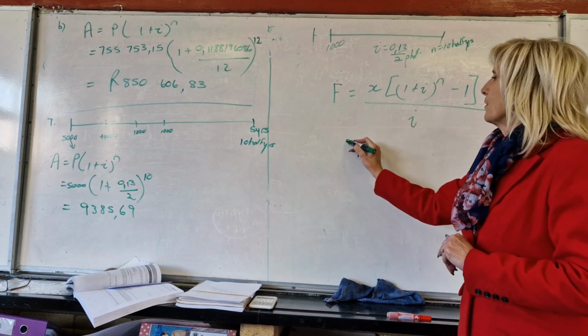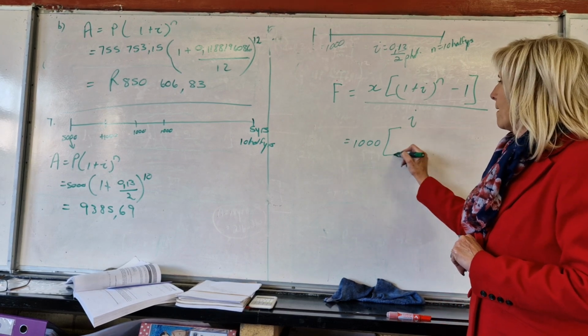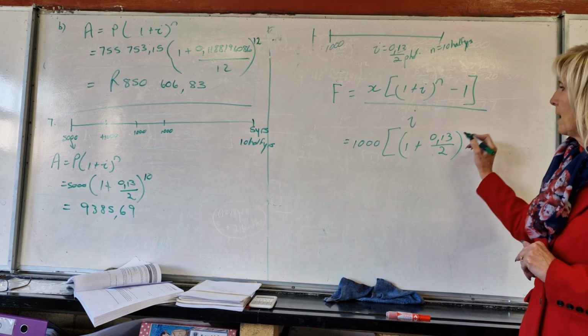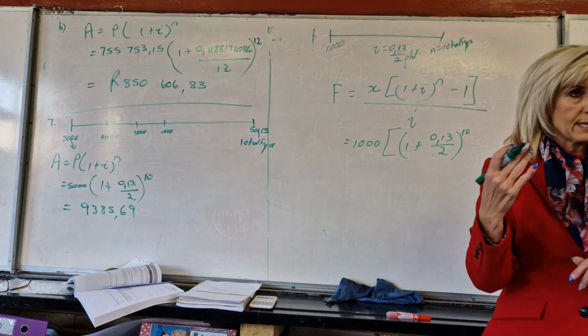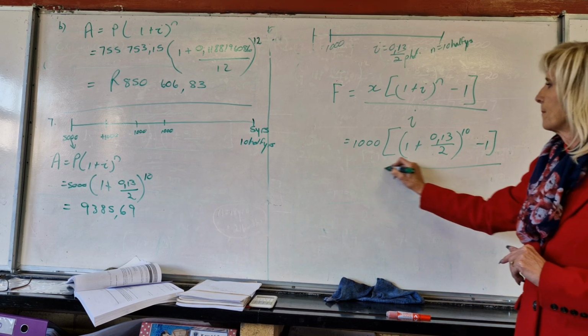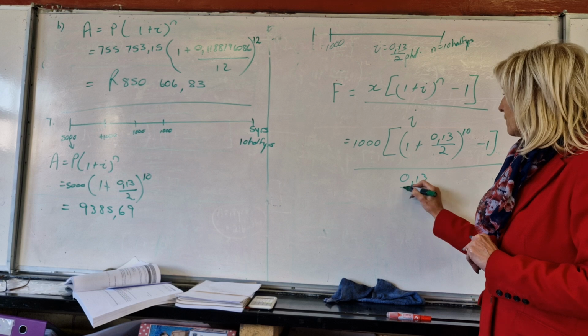Okay? So we've got the X, that is 1,000 for 13% per half year. For 10 half years, actual 10 payments, that's what it's all about. Minus the 1 and 0.13 over 12.